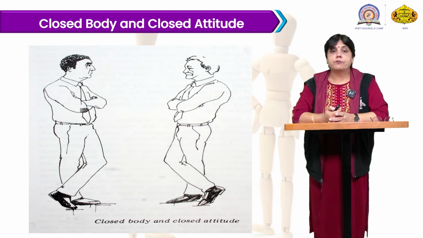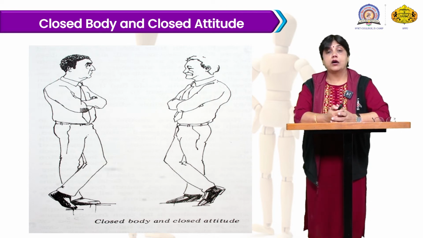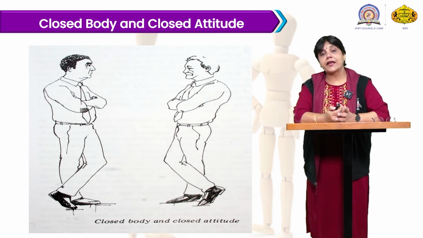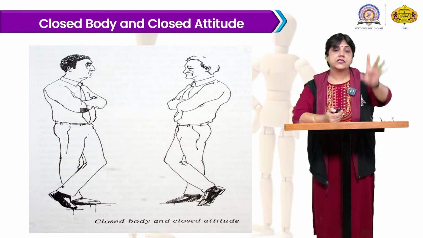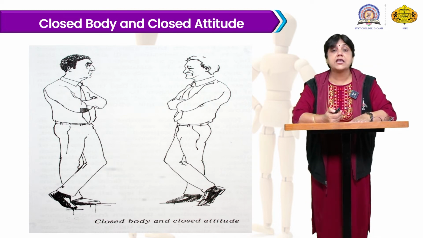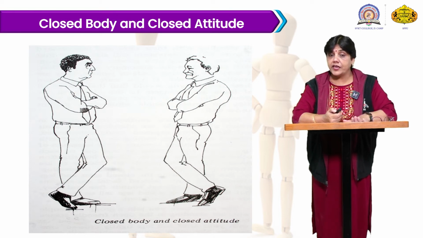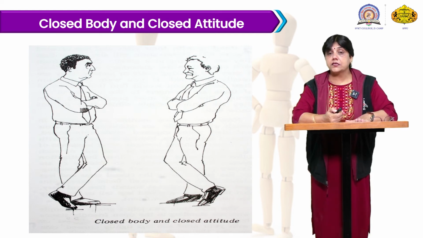So such body language should be avoided at a workplace, and if you are not able to avoid it, at least you should get the proper meaning from this type of body language if a person has it. Remember, it is very important to understand this type of people and this type of body language. Now, next please.